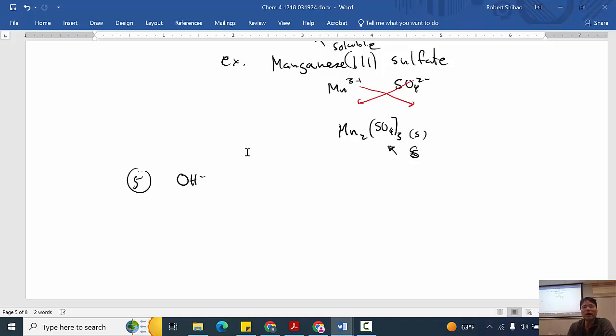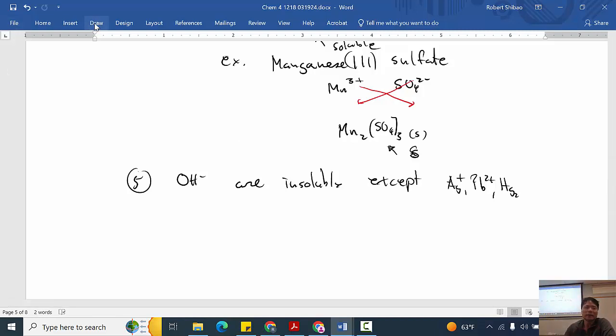The first one we're going to look at is hydroxide, OH minus. Hydroxide salts are insoluble, except when paired with silver, lead 2, mercury. Oops, what am I doing?